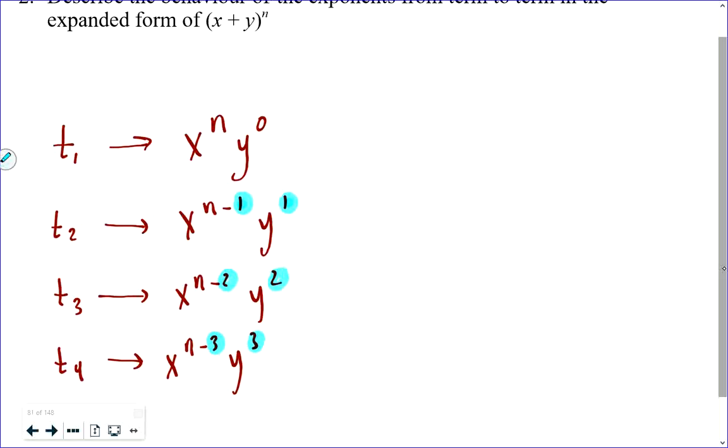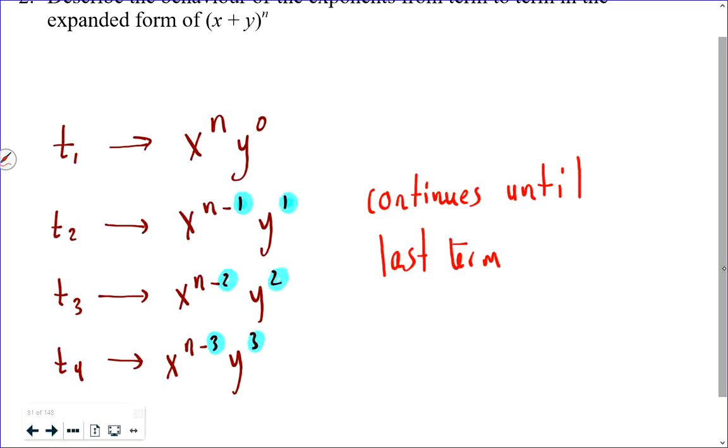Right? And what happens is this continues until the last term will contain x to the 0, y to the n.